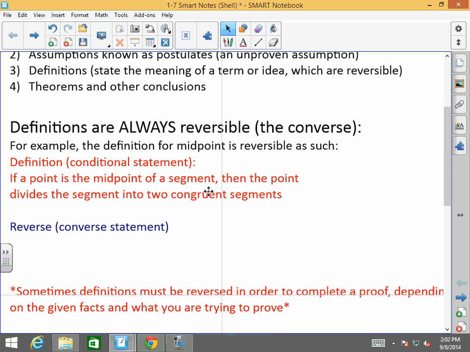And the definition of a midpoint, as you know already, if a point is the midpoint of a segment, then the point divides the segment into two congruent segments. That is the definition of midpoint, and I know that you guys know that. If a point is the midpoint of a segment, then the point divides the segment into two congruent segments.